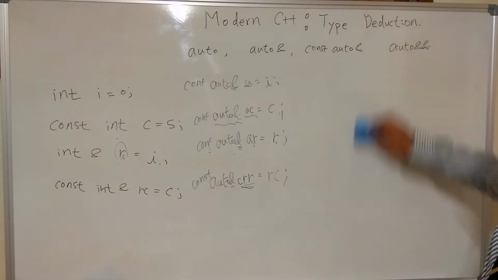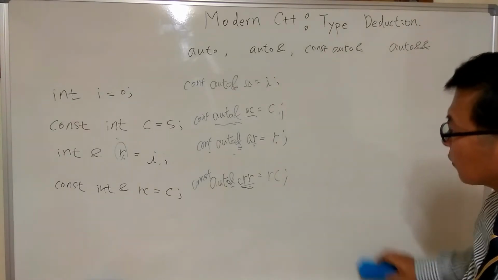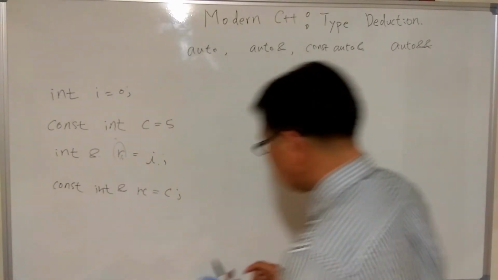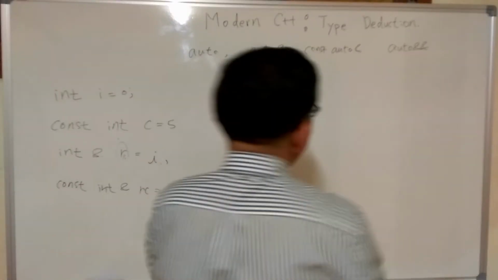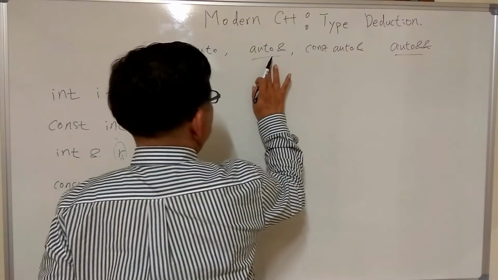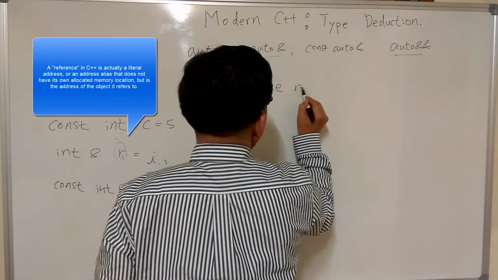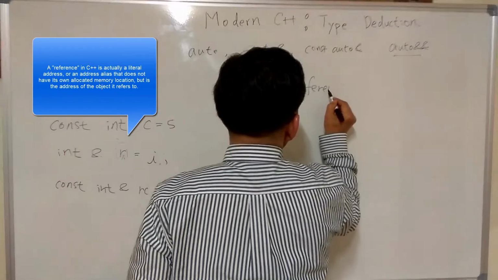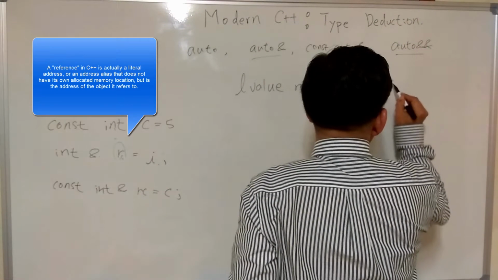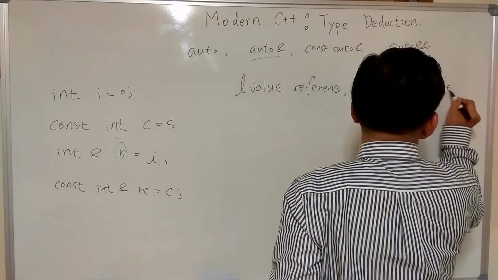Before we explain, we will compare these two. To understand these two concepts, this is called L value reference, and this is called R value reference.